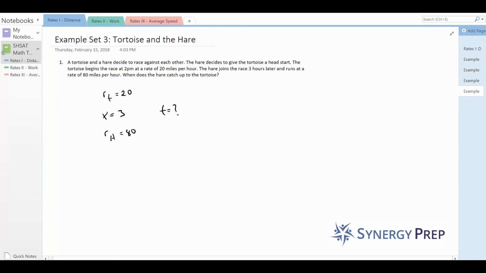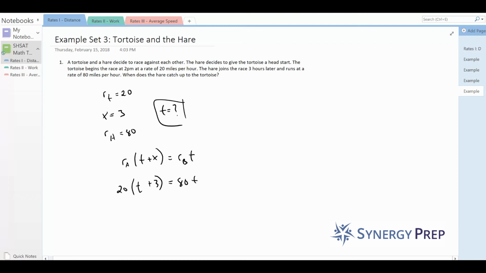So what we're trying to find is t. Let's look at the equation again. RA times (t plus x) is equal to RB times t. So RA is 20, t is what we're solving for, x is 3, RB is 80.